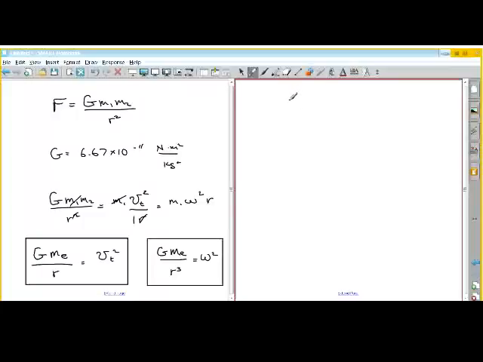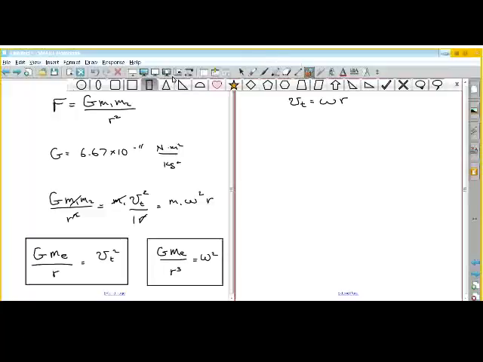And the third relationship that you may need to use is that the tangential velocity is equal to omega, the angular velocity, times the radius, the same r, the distance between the centers of the planets. So that's the third equation.